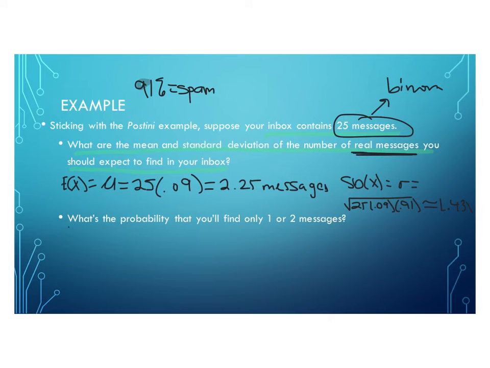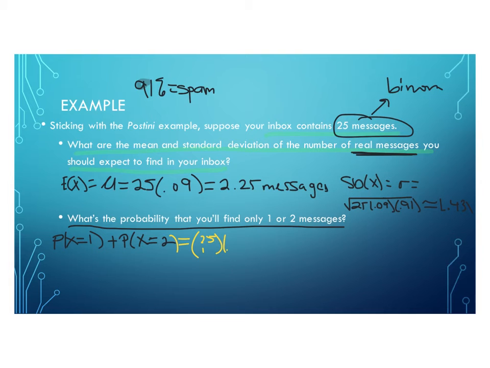So if we look at the next problem, it says, what is the probability you'll either find one or two messages? Okay, so that would be probability of x equals 1. If I see 1 or 2, that means you're going to add your probabilities. I'm going to change my color. Okay, so the probability of 1, you would take 25 choose 1.